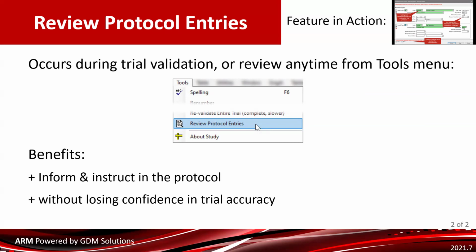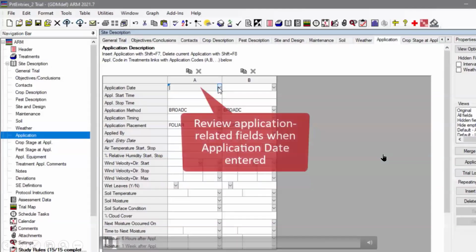How do I know that it's not accidentally going to get passed on as documentation of what happened without the trialist being aware it was there? Now we can be sure because in order for the trialist to pass validation, they have to go through each screen and view that and confirm it.